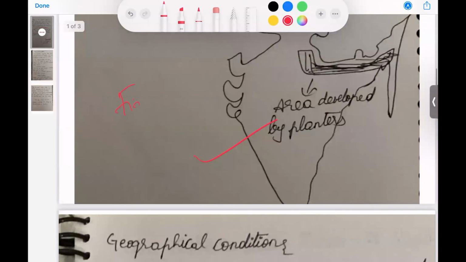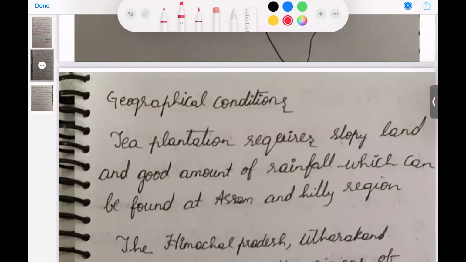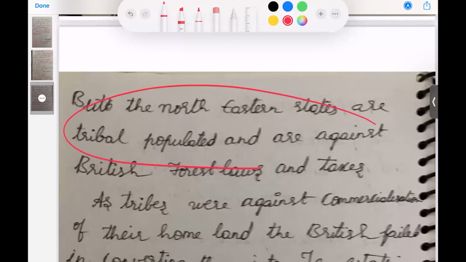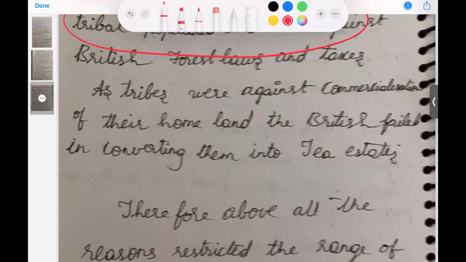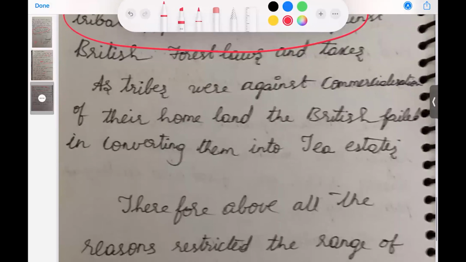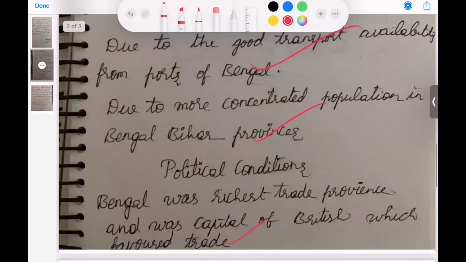Label the figure. This is not exactly the reason. Ultimately, they made these as gardens, right? These are tea gardens, and they made them protected areas. And in Darjeeling also, they have tried to include tea.